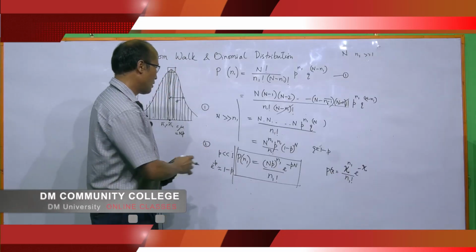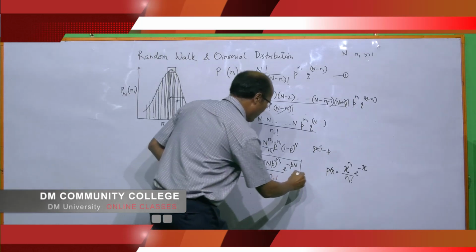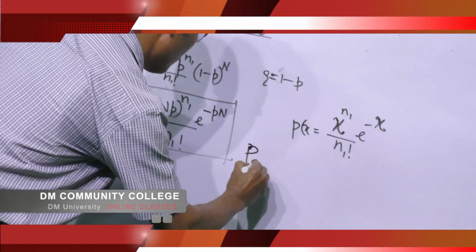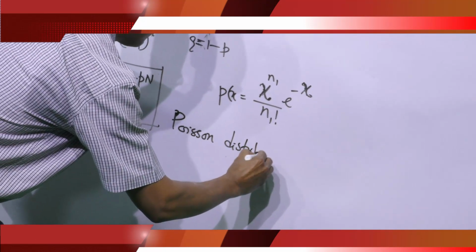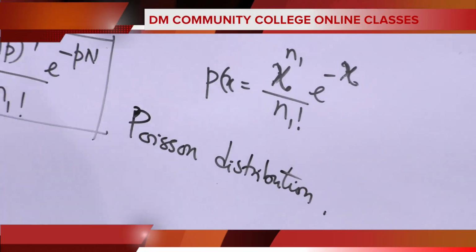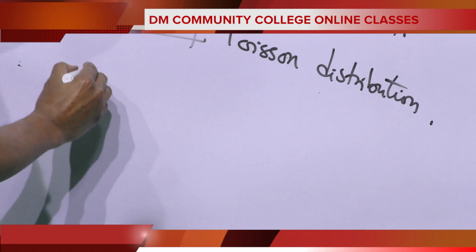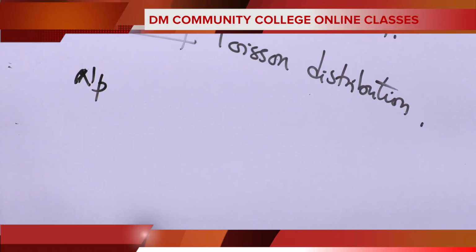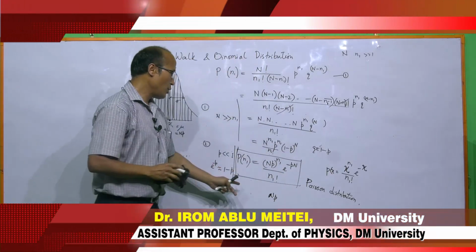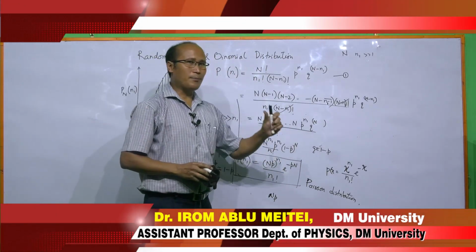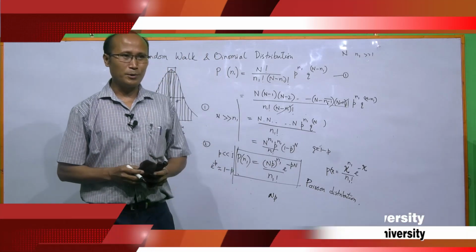Under these conditions, the binomial distribution reduces to the Poisson distribution with mean value np. And remember that the Poisson distribution is also a discrete distribution whose mean is equal to the variance. So let's finish here. Thank you so much.